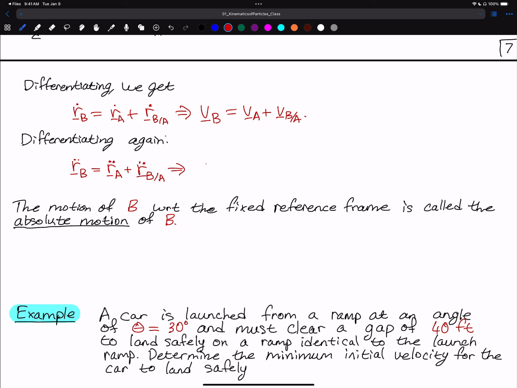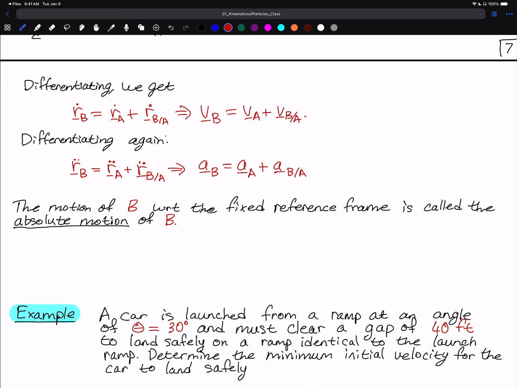Or using a's, we'll get the acceleration a_B is equal to a_A plus a_B/A, B relative to A. And so the motion of B with respect to the fixed reference frame is called the absolute motion of B, whereas the relative motion is the one we use with that moving reference frame.